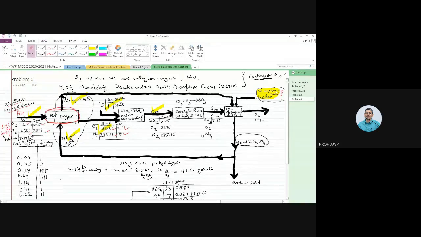So 31.25 into 0.5 moles of oxygen will react. Correspondingly, 31.25 minus 50% will remain, 15.625 gram moles, and nitrogen also will be the same, 235.12 gram moles. Correct? Now we have got everything up to here.